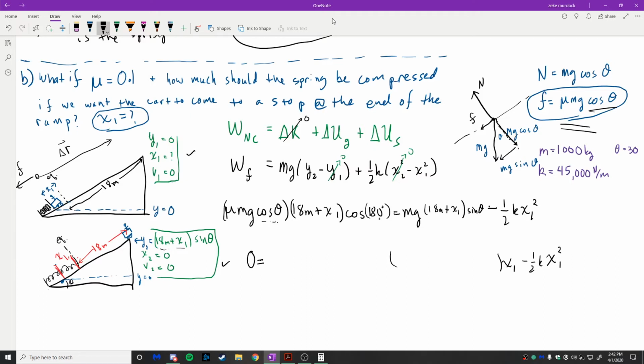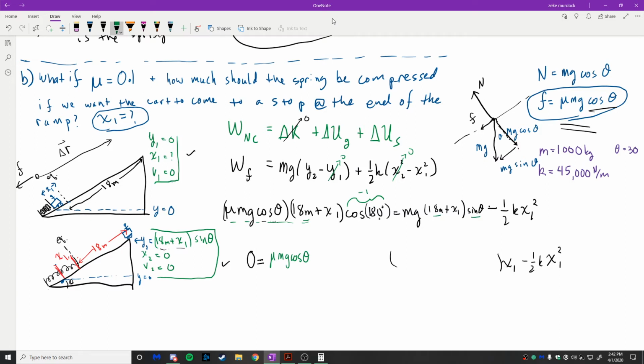Okay, so the constants are terms like this one, but it's times this, this is negative 1. So if I want this to be 0 on the right hand side, I'm going to get mu mg cos theta multiplied by 18 meters. But over here you notice that there's another like 18 meters times sine theta mg.